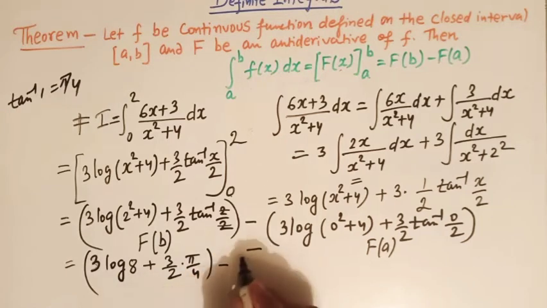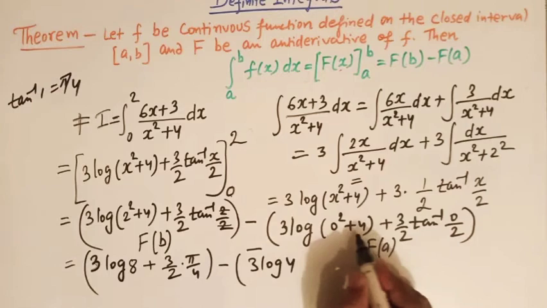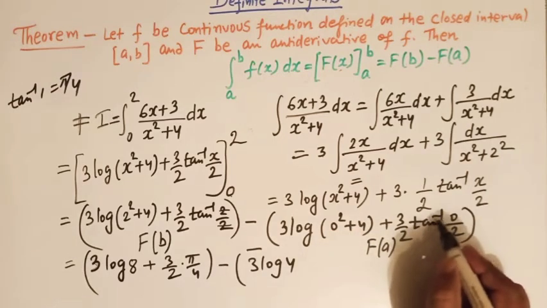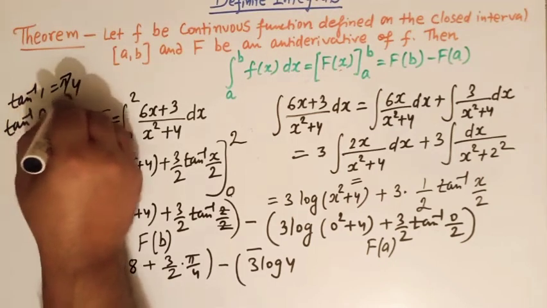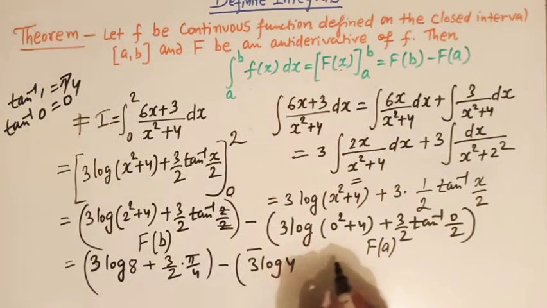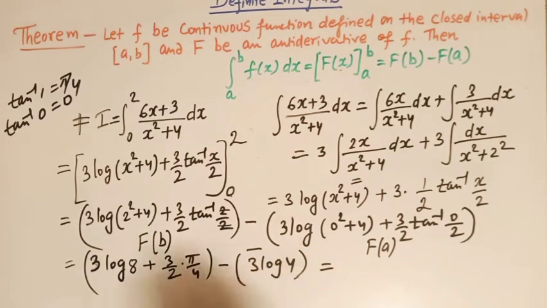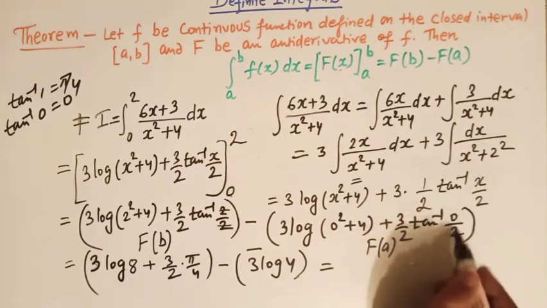So here we'll write pi by 4. Then minus, here we have 3 log 4, and then here we'll have tan inverse of 0, and we know that tan inverse of 0 is 0. So here we'll have 0. So in all we have 3 log 4, right? This term becomes 0.